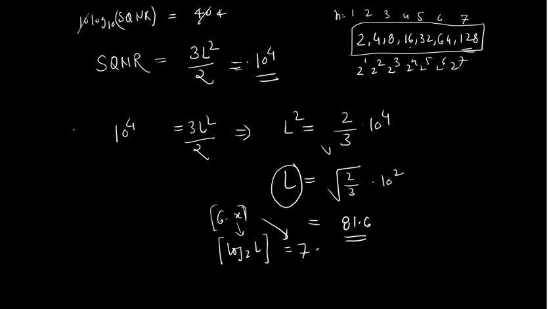You see that 64 is lesser than 81.6, and 128 levels corresponds to 7 bits per sample. So at the quantizer, you have to set the number of levels as 128, because in order to get an SQNR of at least 40 dB, you have to use 7 bits per sample. So now your n is 7, the nearest greater integer to log 2 L.